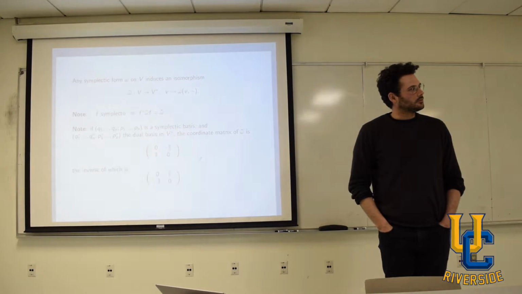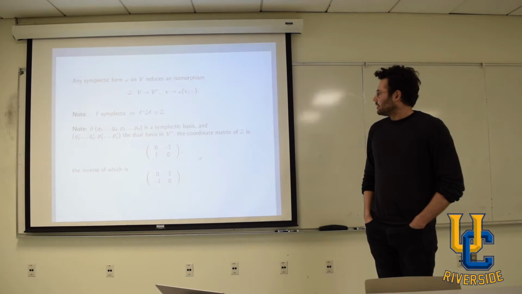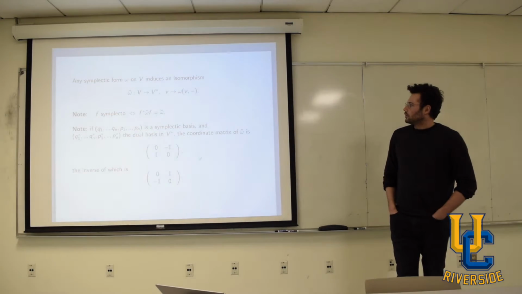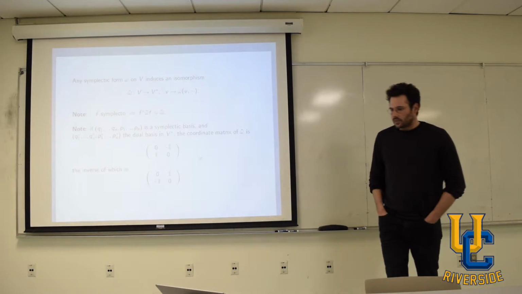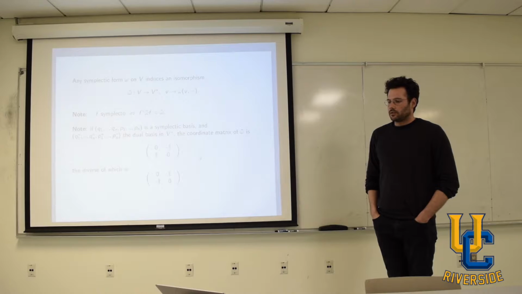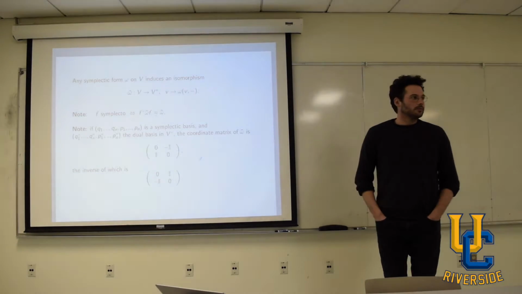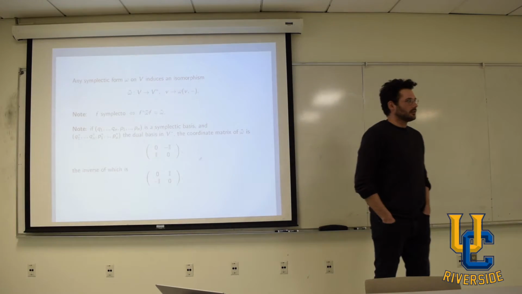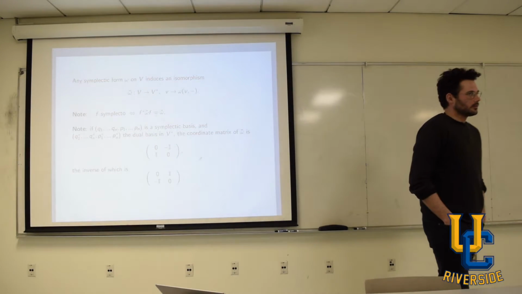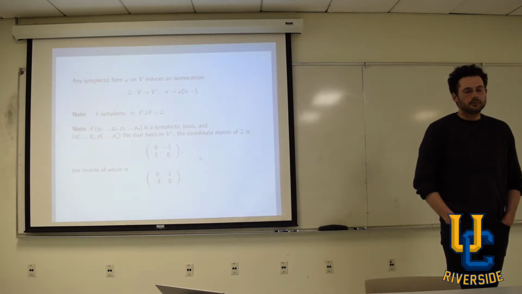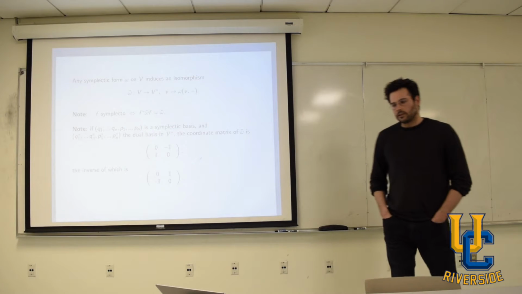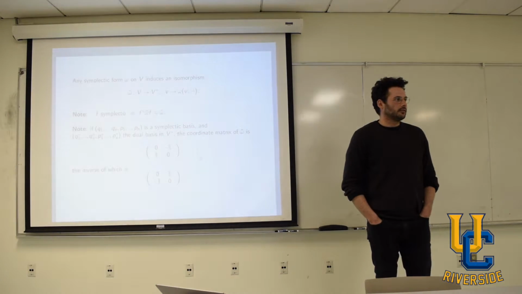Why would you take such a basis, the symplectic basis? Well, if you want to do some sort of coordinate calculations, then that's a good choice because it makes all the coordinate matrices simpler. In the mechanics examples, we'll see that these have physical meaning.